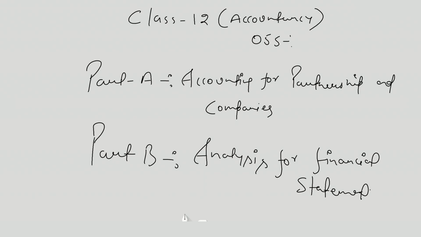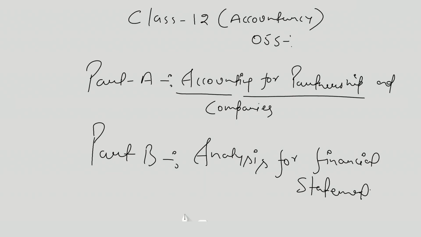And after partnership, the third form is company accounting or the joint stock company. In our syllabus, these two, accounting for companies and partnerships, are there. So starting with the accounting for partnerships, let's start.